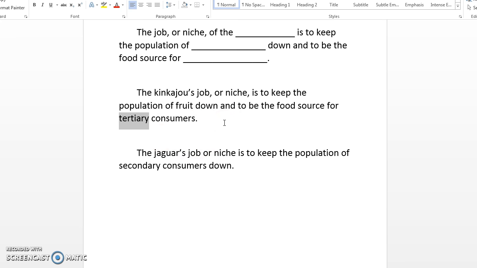What's eating your animal and what is your animal eating? In the jaguar's case, it only has one job, to keep the population of secondary consumers down. Okay, so let your teacher know if you need help, because this is a little bit complicated. Press pause and write your introduction sentence if you know it, okay?